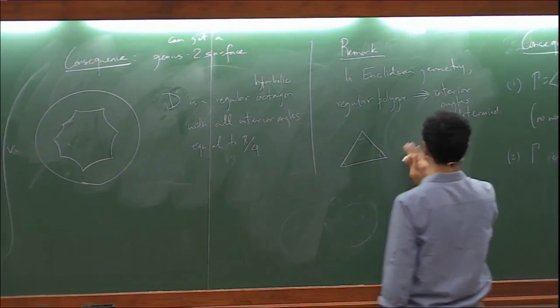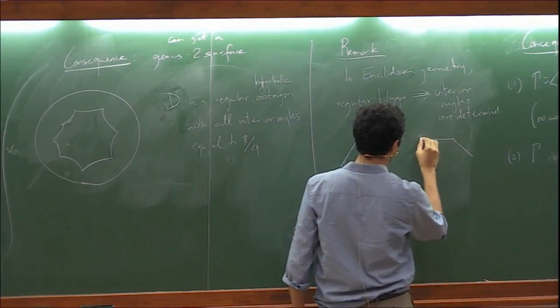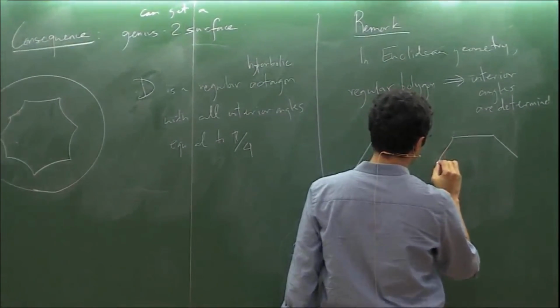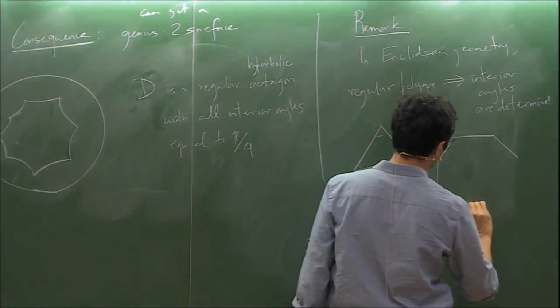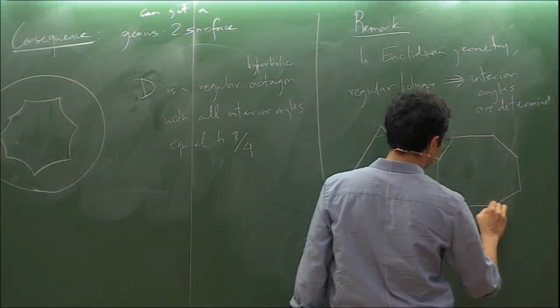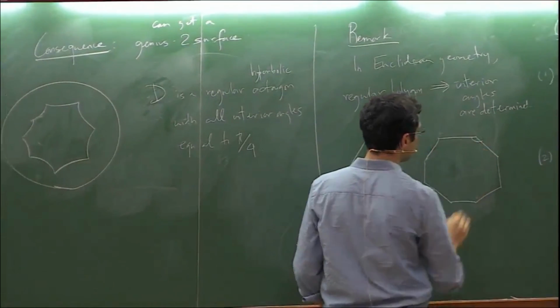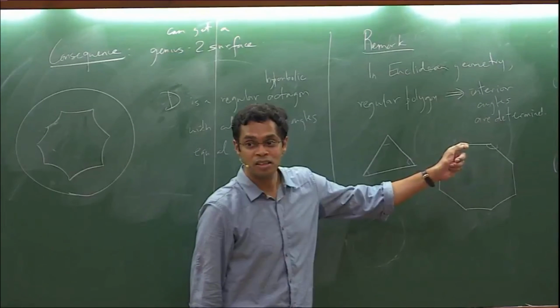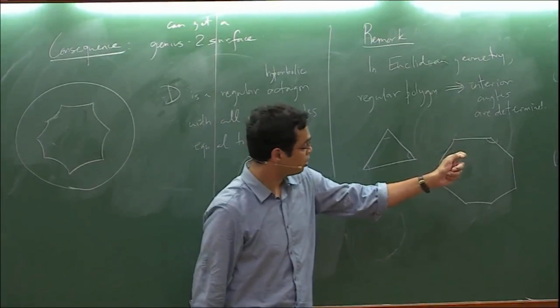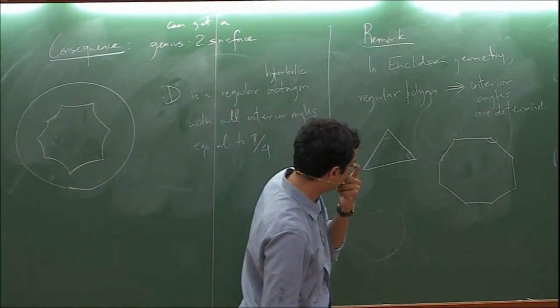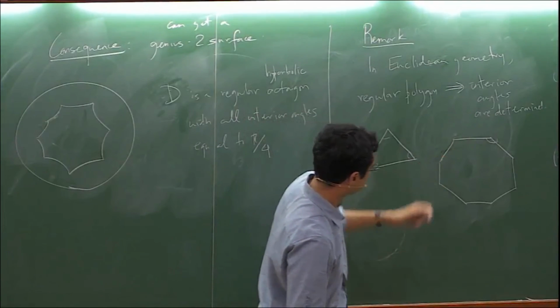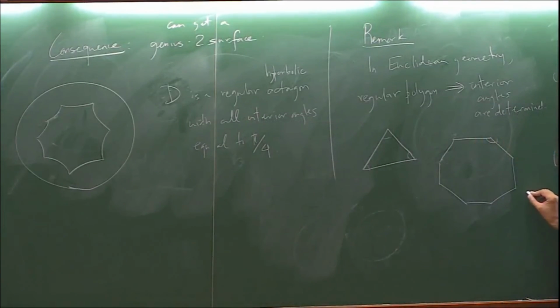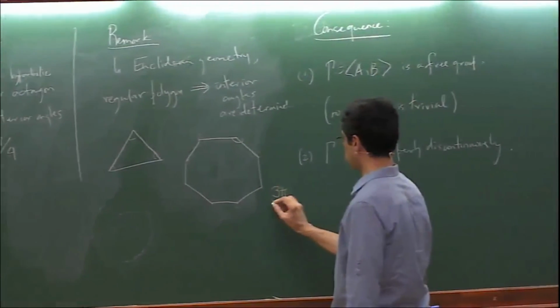Can you tell me what the interior angle for a regular octagon in the Euclidean plane is? Right, it's a multiple of pi: 3 pi by 4.